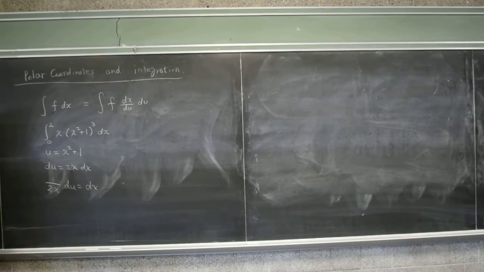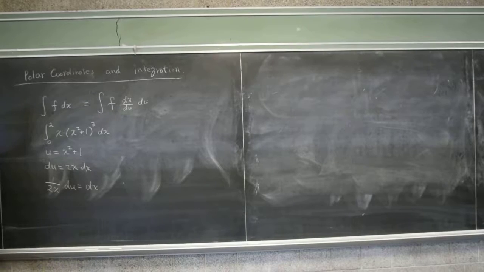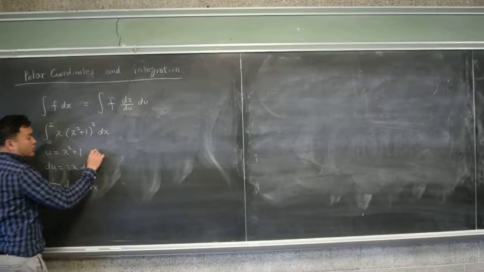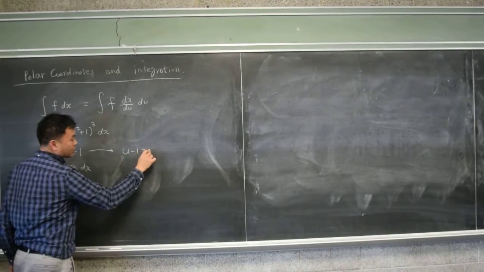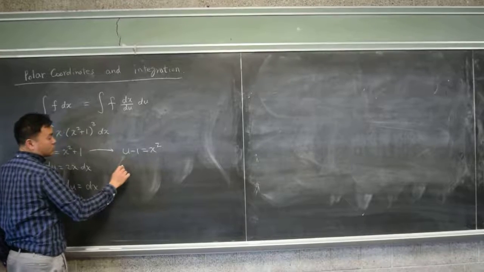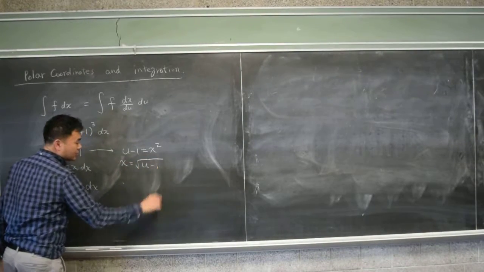So that's the way you've been learning u substitution until now. But trying to view u substitution this way means the following. Instead of thinking of u as a function of x, think about x as a function of u. So try to solve this for x. You get u minus 1 equals x squared, and you solve for x, so x is the square root of u minus 1.